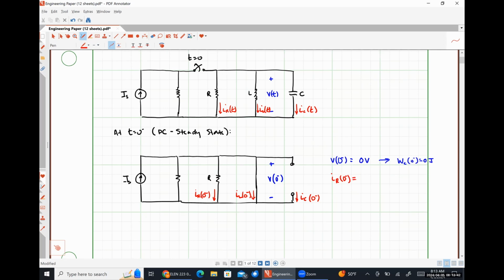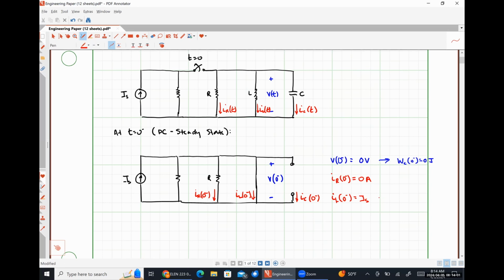What is the current that's going to flow through our resistor in this case? 0 amps, okay? Sorry, the current that's going to flow through our inductor. All right.